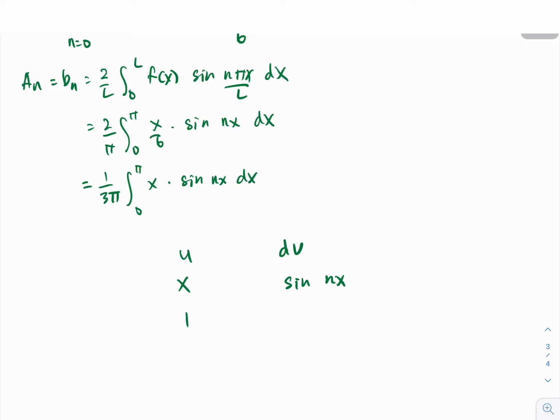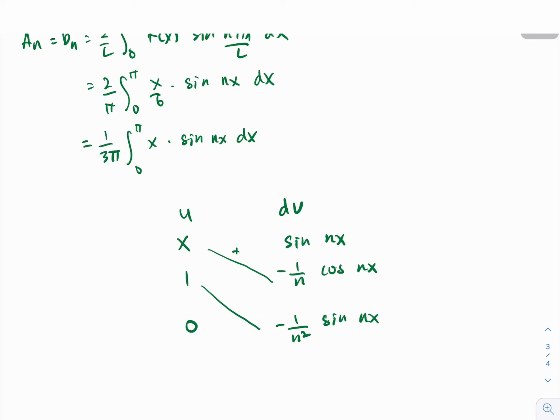So differentiate x equals 1, differentiate 1 equals 0. Integrate sin nx equals negative 1 over n cos nx, and integrate this again, so we'll have negative 1 over n squared sin nx. So we have to multiply and alternate the sign.